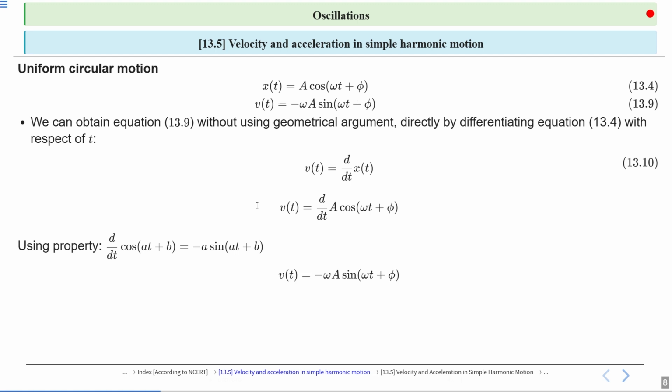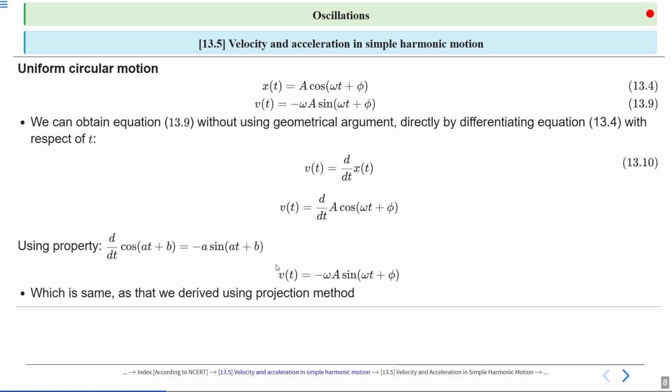So applying the rule, we get v of t is equal to minus omega a sine omega t plus phi. This matches the velocity equation we saw at the start. Velocity depends on both the amplitude and angular frequency, and it reaches its maximum when the sine function equals 1 or minus 1.